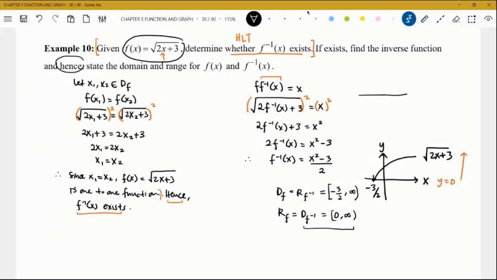So literally your graph for this one adalah seperti ini sahaja. So ini di sini adalah negative 3/2. Okay, sebab dia refer balik dekat sini. Domain f inverse adalah yang ini daripada 0 sampai positive infinity. So ini adalah f inverse. Ini adalah f.